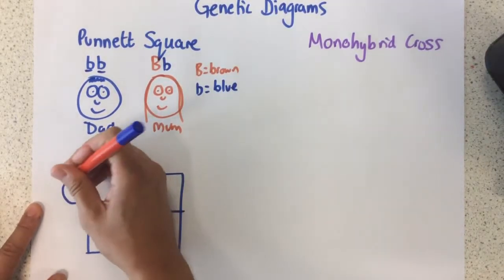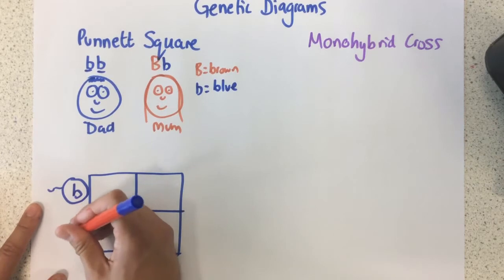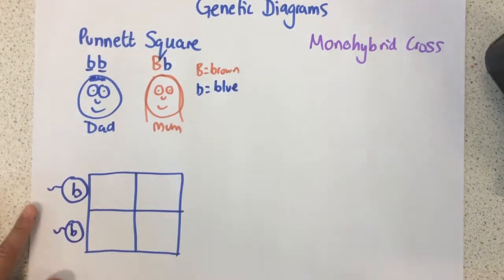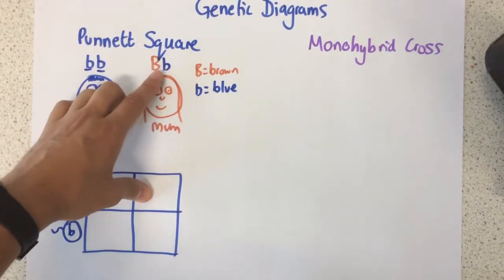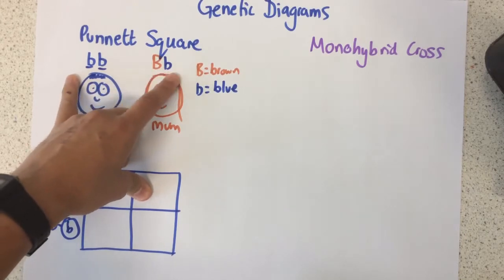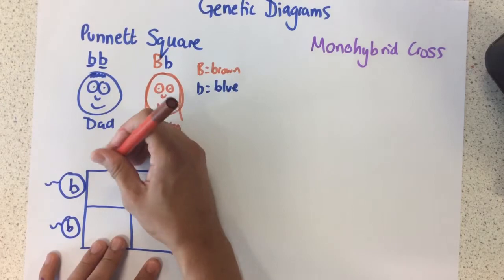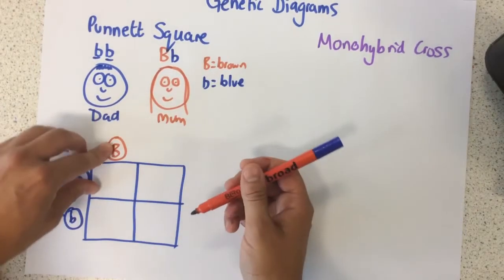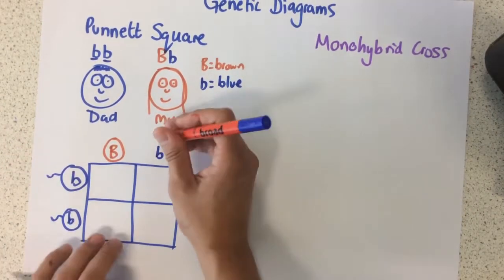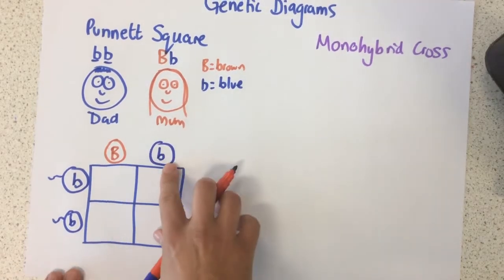Now, because Mum is heterozygous, she has one of each type of allele, there's a 50% chance that her egg cells will contain that B, the dominant allele, and a 50% chance that it will contain that recessive allele.